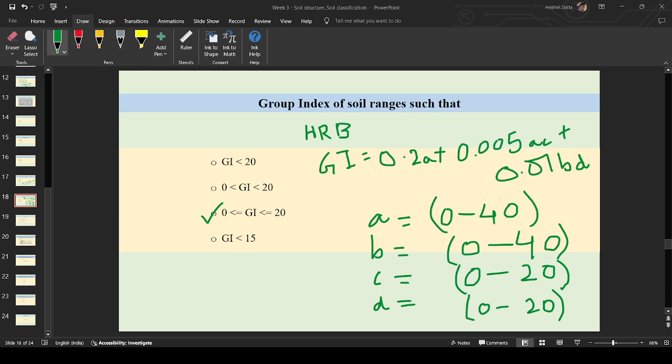G is the specific gravity, 2.65. MD is the dry mass of the soil, which is 50. R is the corrected hydrometer reading. You solve this and get 35.33 percent.